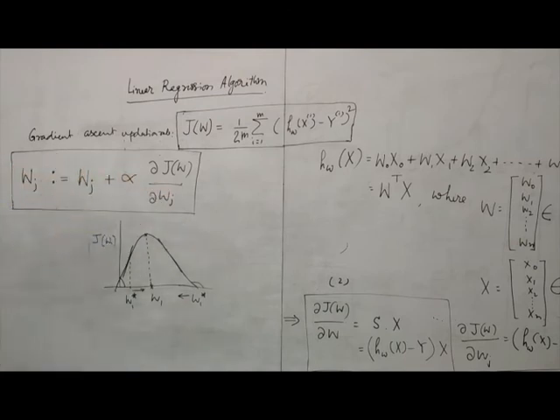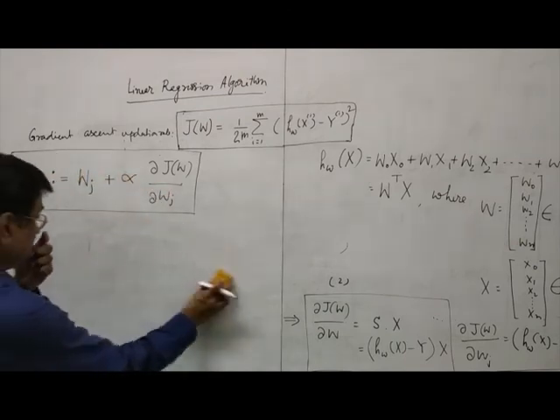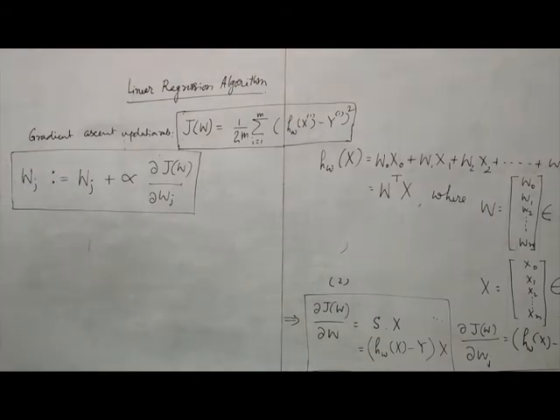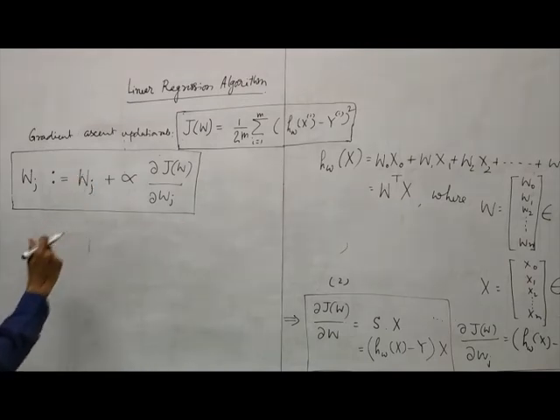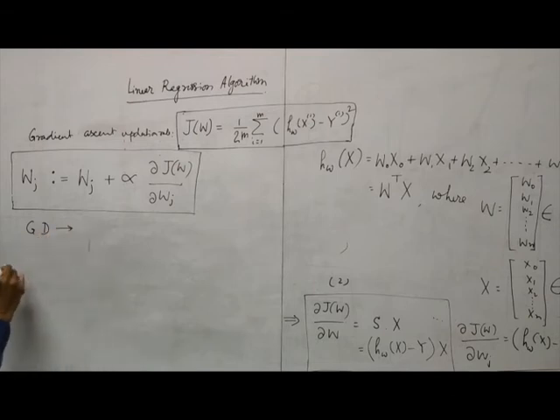This is a very important thing to note down, and I will show you that in terms of samples. Our gradient descent algorithm, this is for one sample, right?